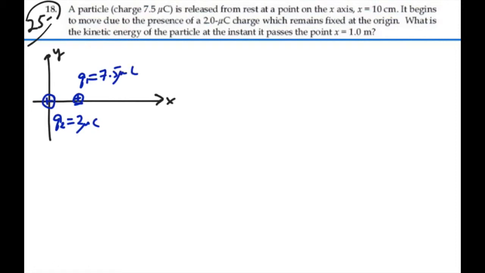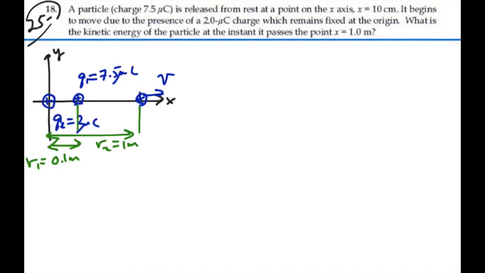It's going to start at a distance of 0.1 meters away, and then eventually we're going to find it at another location where it's moving with some velocity, and that actually is going to be our R2. So this first one is R1, and our R2 is going to be equal to 1 meter. And we want to find out what's the kinetic energy at that point, 1 meter away.